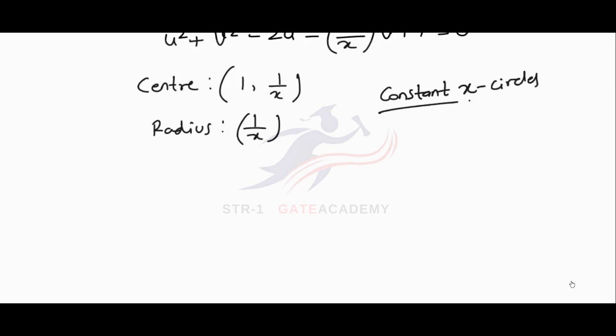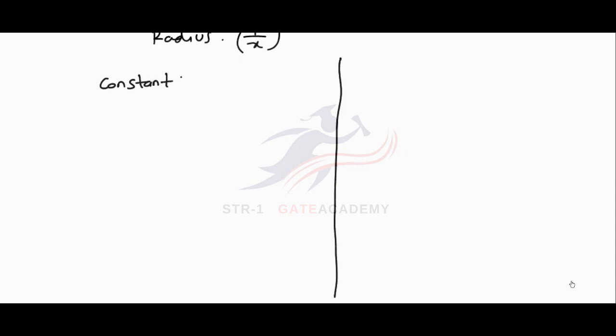So constant resistance circles and constant reactance circles. Now let us study the constant resistance circle first. On one side of the page, I have divided the page into two columns. One is constant R circles, and on the other side I will study the constant X circles.